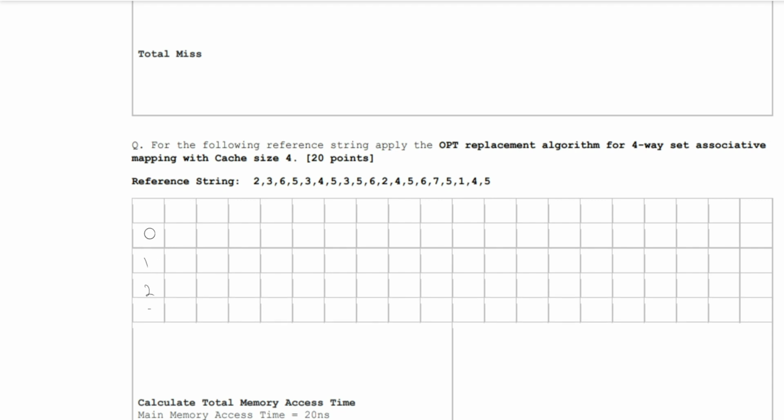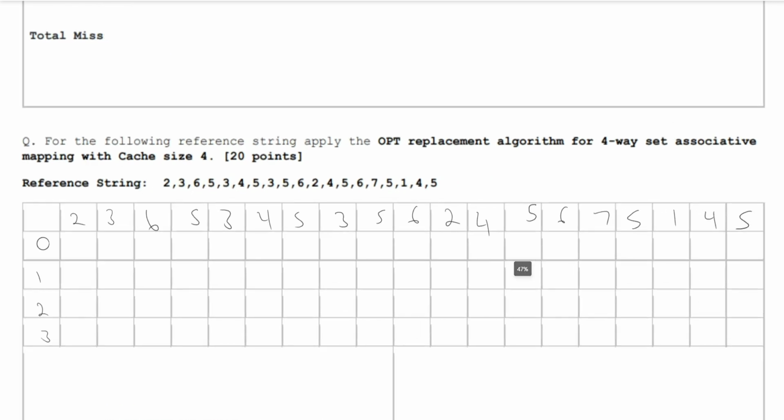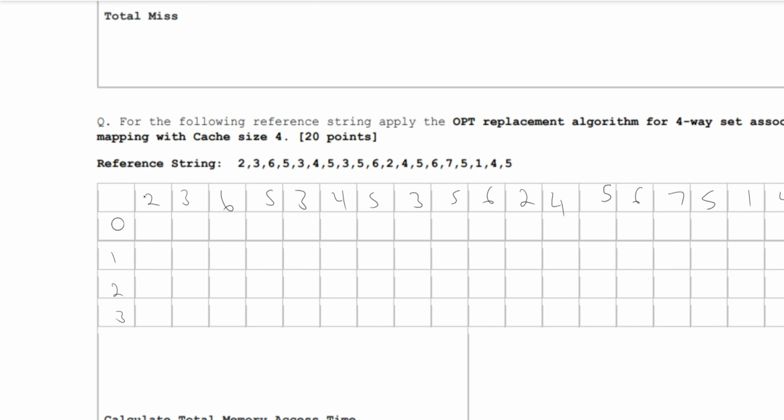The string is 0, 2, 2, 3, 6, 5, 3, 3, 5, 6, 2. Okay, so definitely 2, 3, 6, and 5, because they all have to miss.